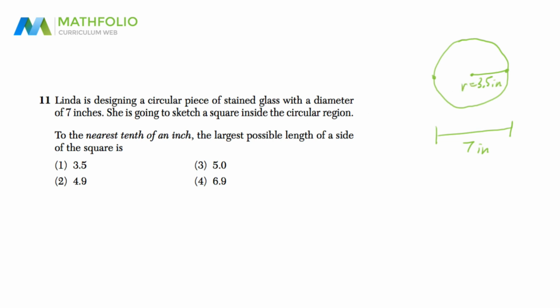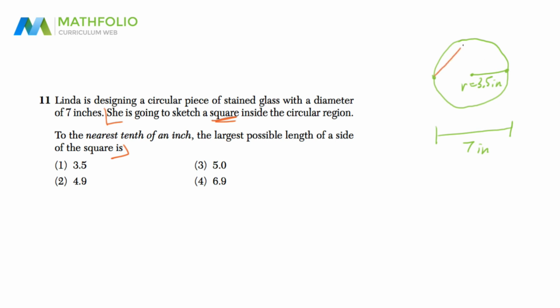Now, the next thing, it says she is going to sketch a square inside the circular region. There's going to be some kind of a square in there. It says, to the nearest 1/10 of an inch, the largest possible length of the side of a square is. So for the biggest square, this 3.5 is important.